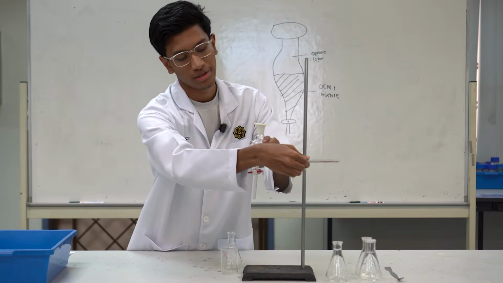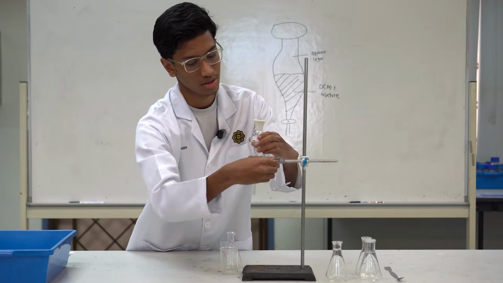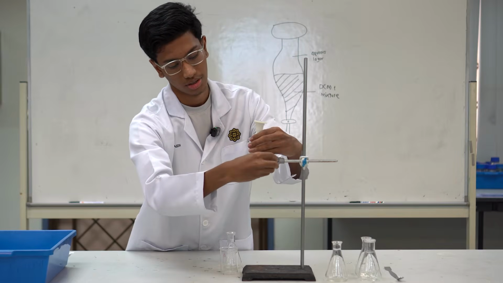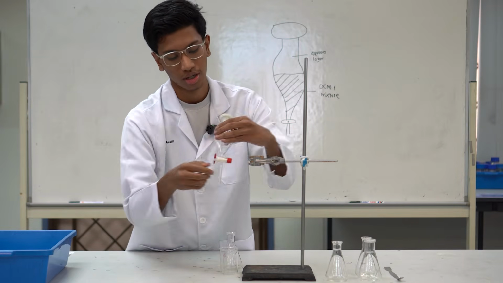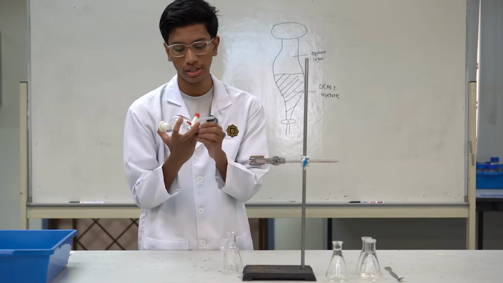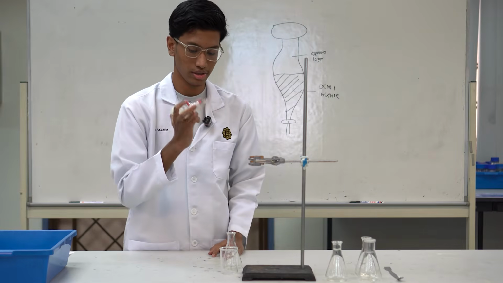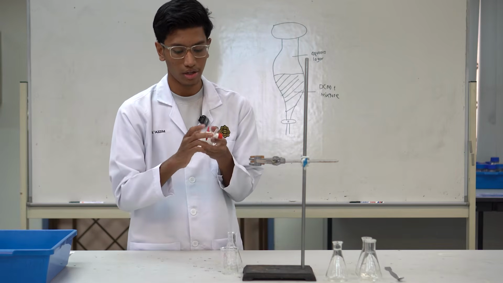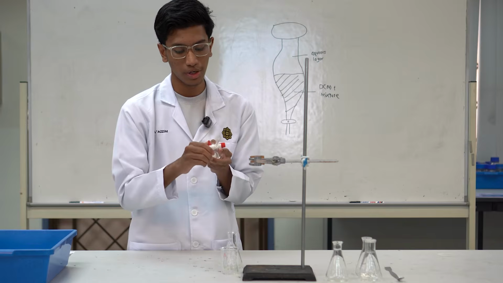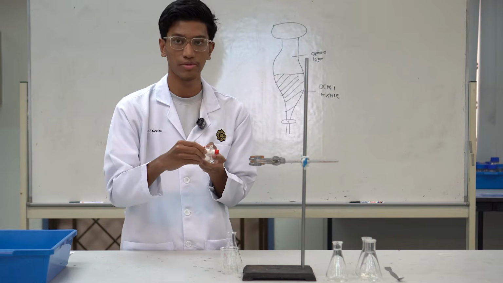After that we shake the mixture and the base vigorously to make sure the reaction happens. And we must open the stopcock to let the pressure out from the separation funnel.